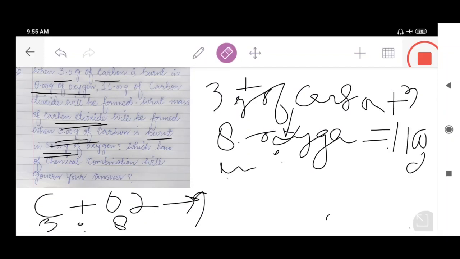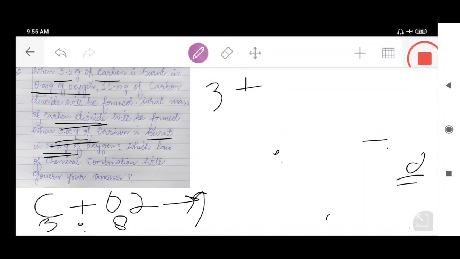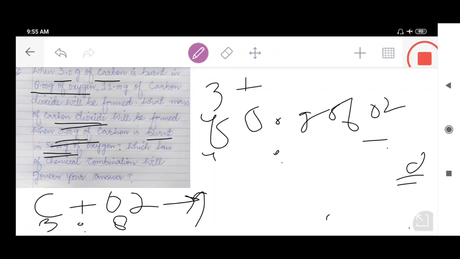This is given in the question: 3 grams of carbon reacts with 8 grams of oxygen to form 11 grams of carbon dioxide. Now the question demands what mass of carbon dioxide will be formed when 3 grams of carbon is burnt in 50 grams of oxygen. This means that if 50 grams of oxygen is there, but I told you people that the ratio is 3:8.